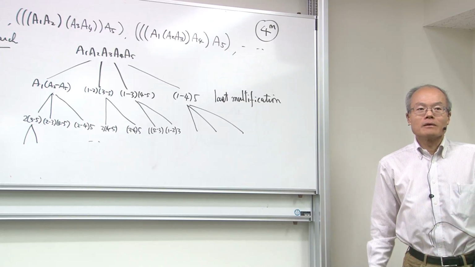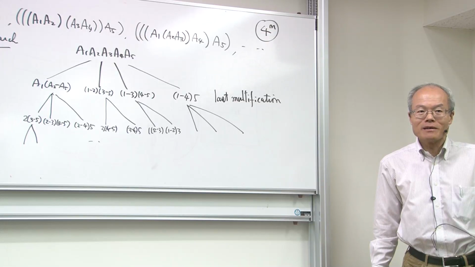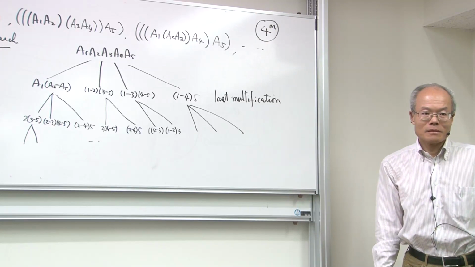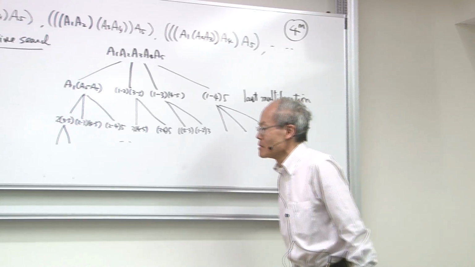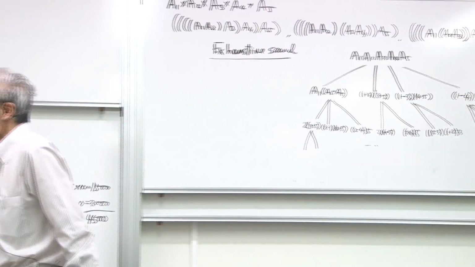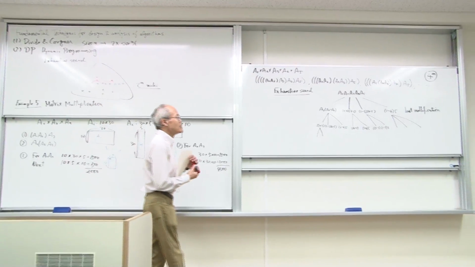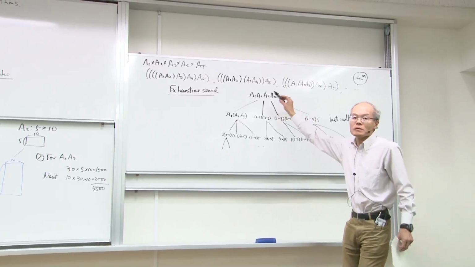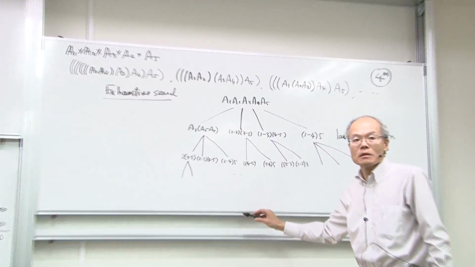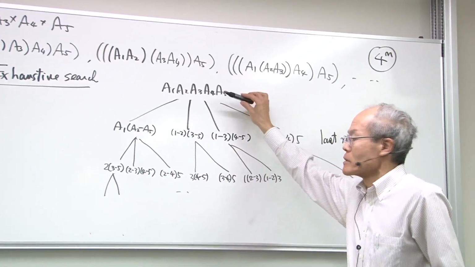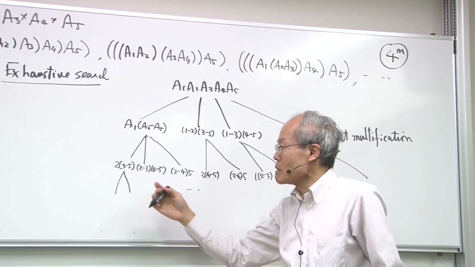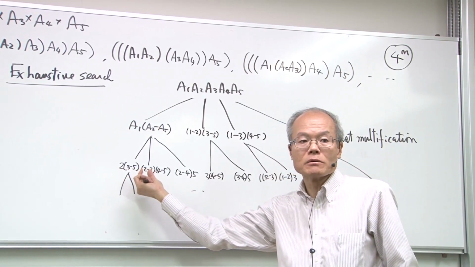What would you figure out? Again, we have many, many same things. Suppose that you have completed this search tree, then you can get the final answer, the best order, by computing the work of each multiplication.